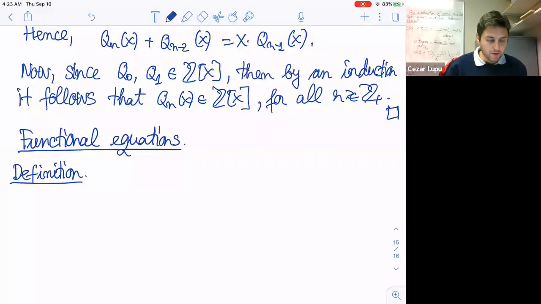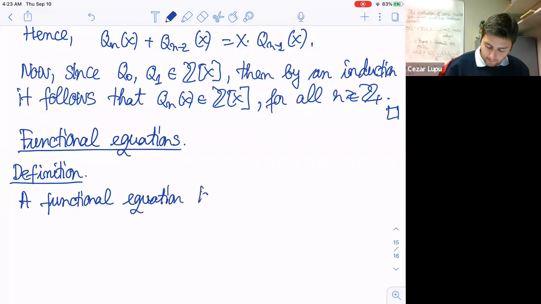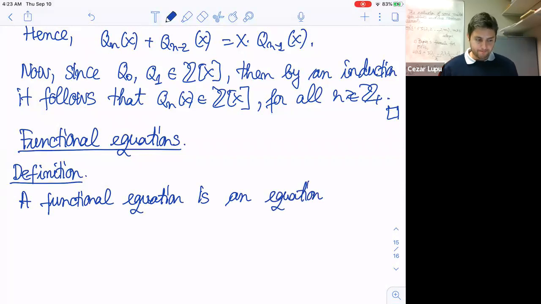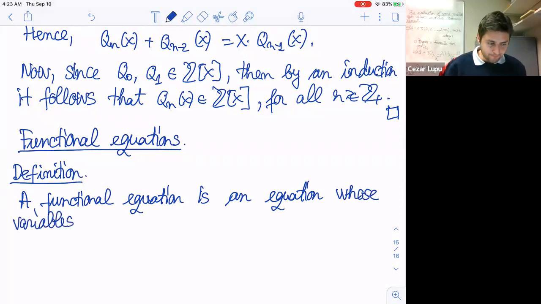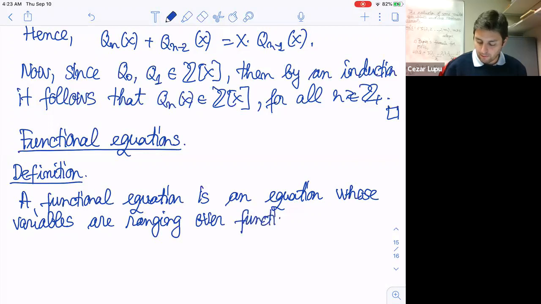A functional equation is an equation whose variables are ranging over functions. That's what it is. And we will see examples.